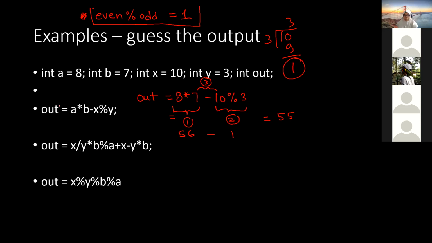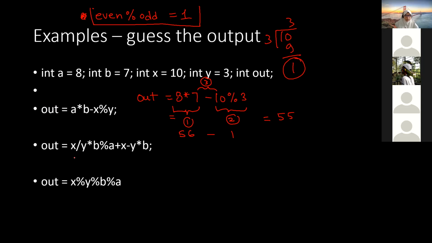And even number modulus even number will be 0, for example, 4 modulus 2 is 0. But it depends on which one is bigger and on the value of the number as well. This is just the general rule.